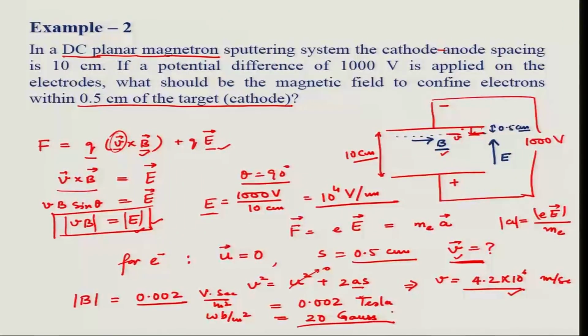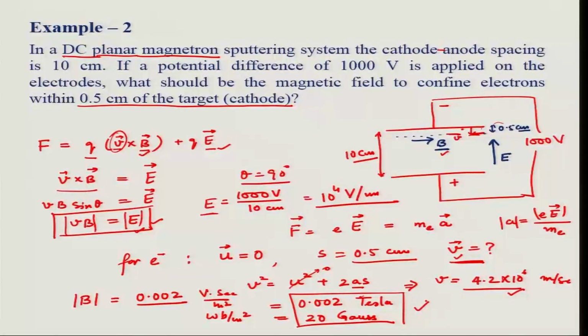This is the magnetic field we need to have electrons confined in 0.5 centimeter. So, if we have this geometry and you are considering what kind of magnetic field or magnet I should have at the back of my cathode, this is the calculation to solve that.